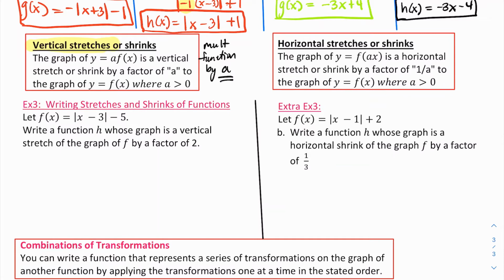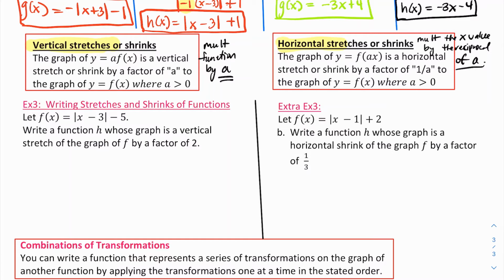And then you have horizontal stretches, which means you multiply the x value by the reciprocal of a.